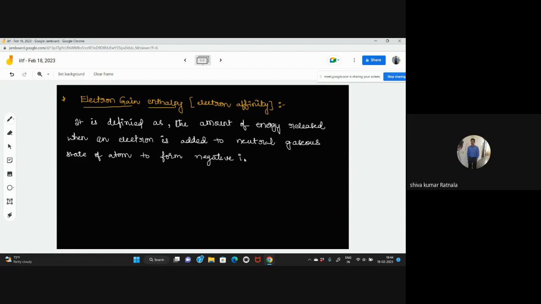So what we are saying here: IP value means the energy we are providing to remove an electron, isn't it? And here we are adding electrons. So when we are adding, energy is getting released. Energy released means it is exothermic or endothermic?